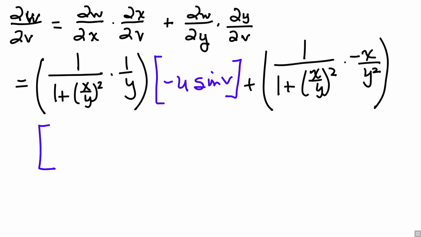So what would that be? U cosine v. Right. So that's going to be u times the cosine of v. Okay. And again, we can clean this up and put everything in terms of u and v. Right? Any questions there?